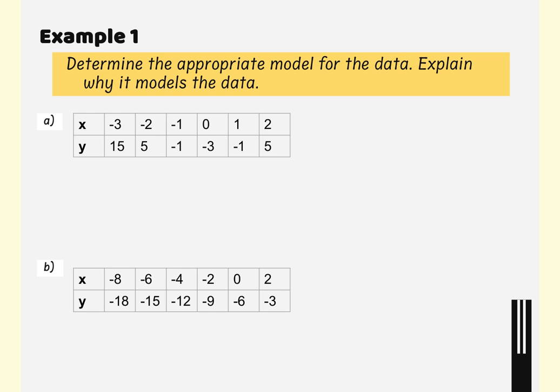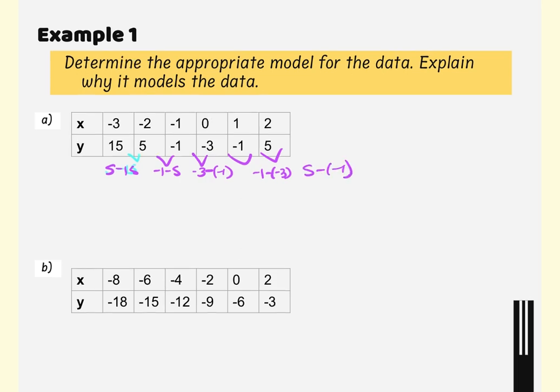It says determine the appropriate model for the data and explain why it models the data. So the first thing is you have to look at your x values, and they have to be in even increments. So if I look at A, does the x value change in even increments? Yes. So I can ignore the x value and just go to the y's. So I could do 5 minus 15, -1 minus 5, -3 minus a -1, -1 minus a -3, and 5 minus a -1.